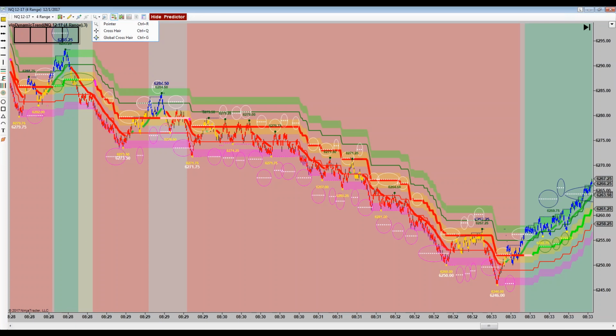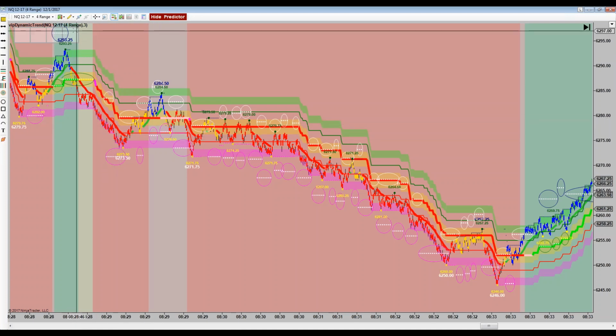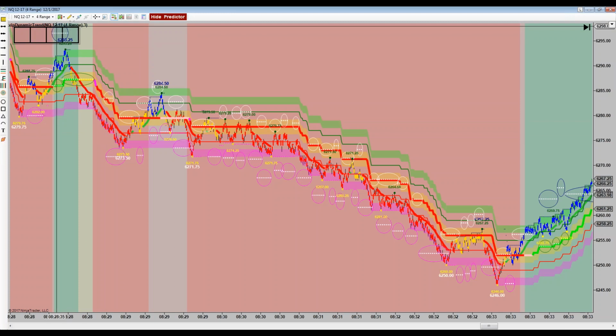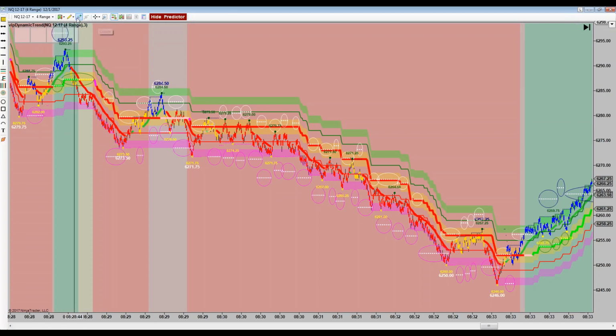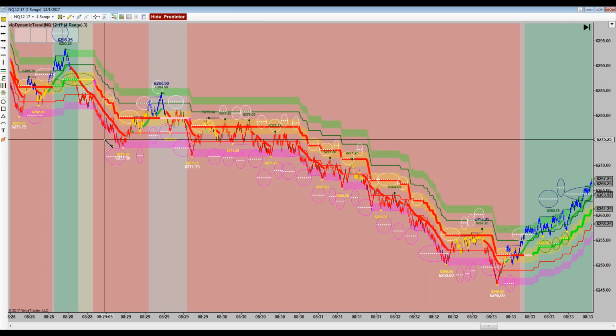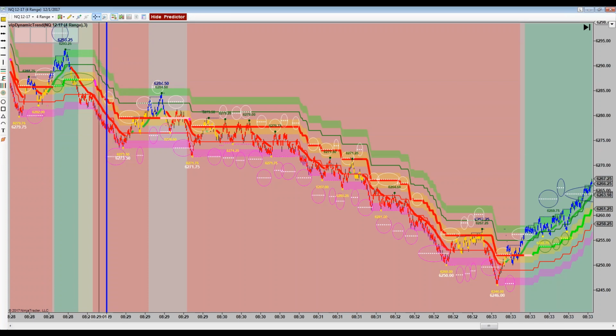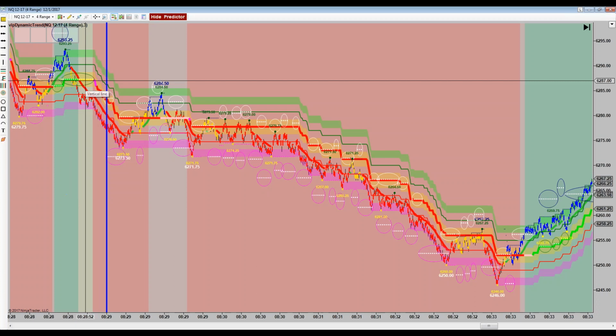Let me show you what's going on here. Here's 8:29. Here, let me do it this way. I think this will really illustrate my point. 8:29 starts right here. 8:29 ends right here.